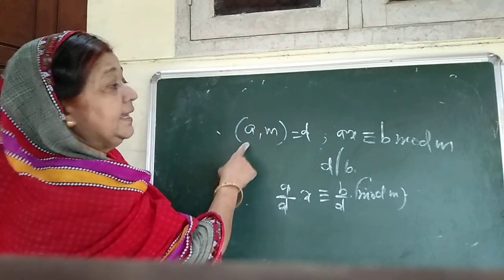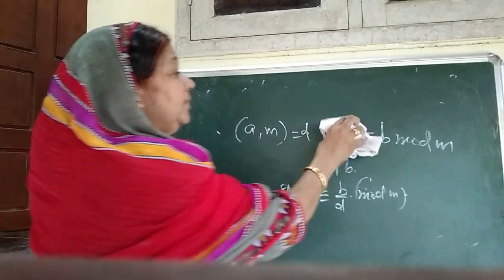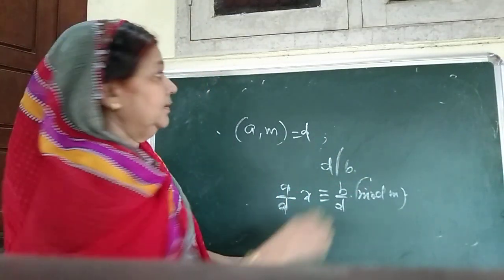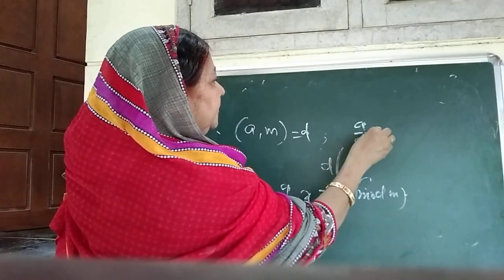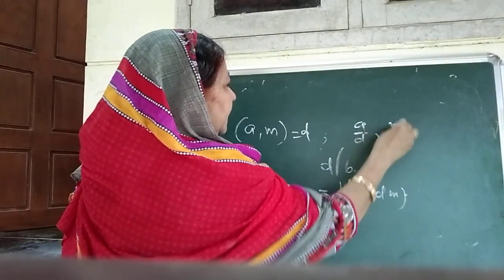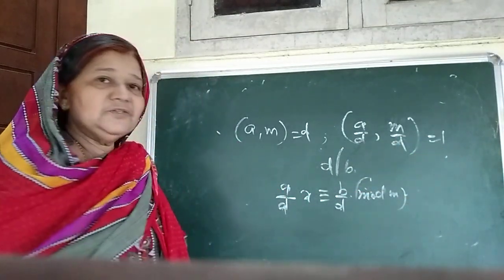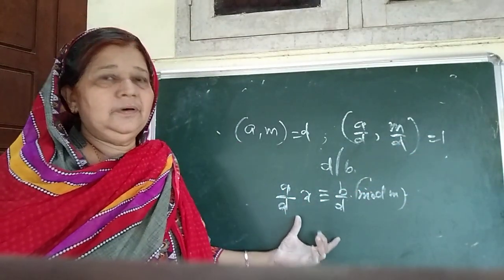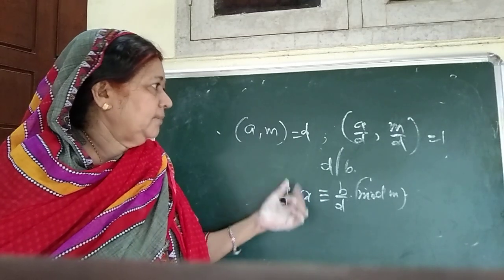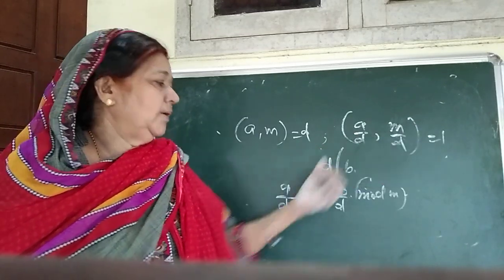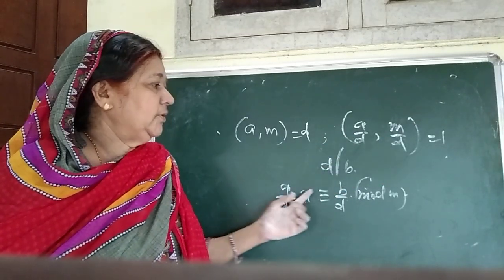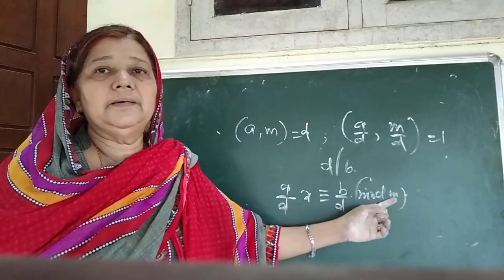But we are given (a, m) equal to d, which means (a by d, m by d) equal to 1. So it is just as the above theorem, that is (a by d, m by d) equal to 1 with a by d into x equal to b by d mod m by d.